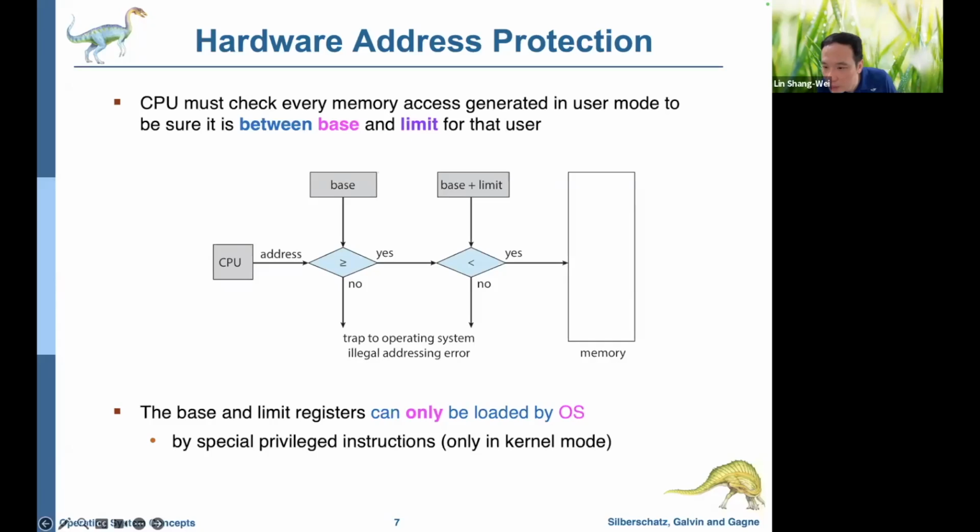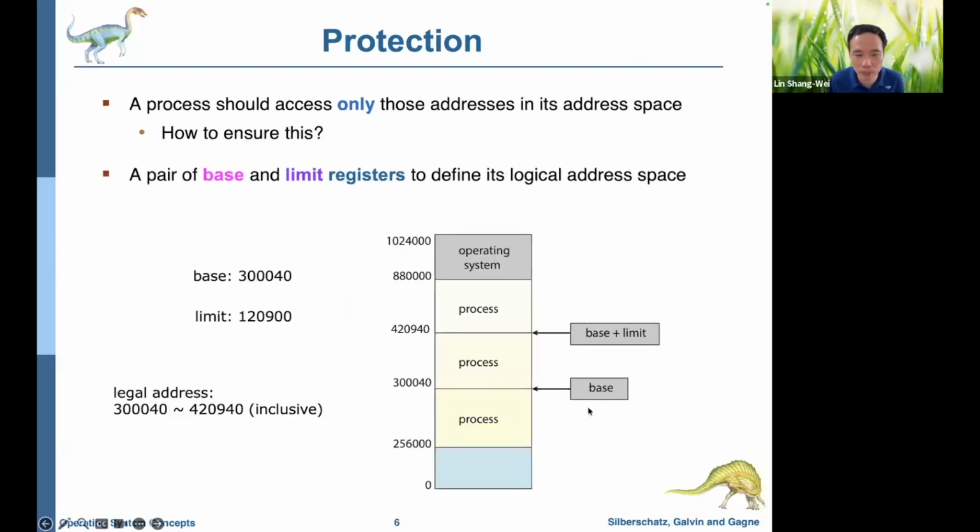One student is asking what this graph means. This is just a flow chart to check whether a memory access is legal or not. For example, let's say this range is owned by process A, and if process A wants to access this region, then this will be illegal, right? But how do we check this?